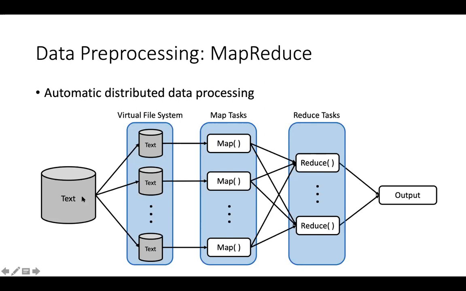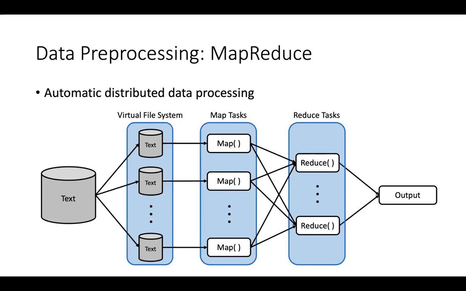So you upload your text into the virtual file system, or the Hadoop file system to be particular, HDFS, and you don't need to decide. Actually, in order to use MapReduce, all the computers must be hooked up into a single network, and they compose a coherent single virtual file system.